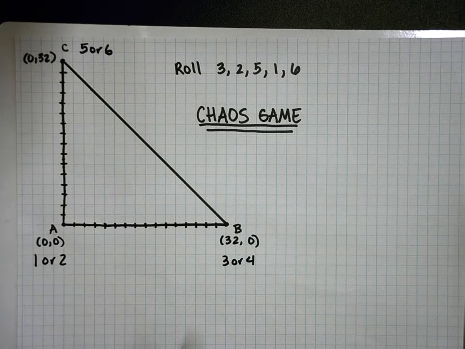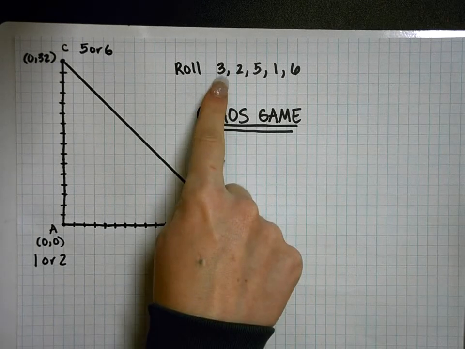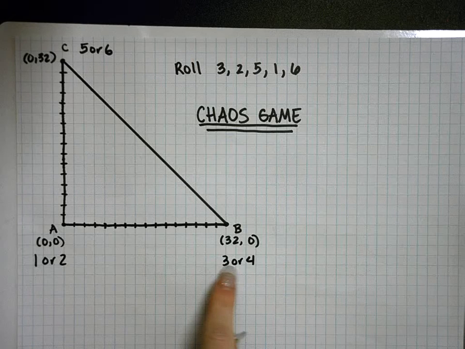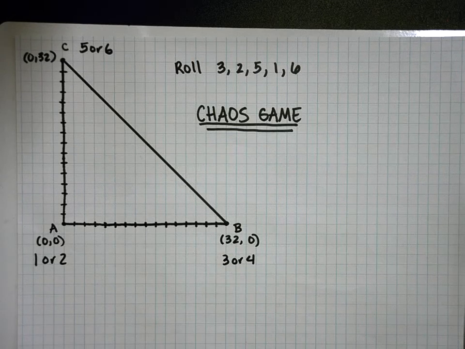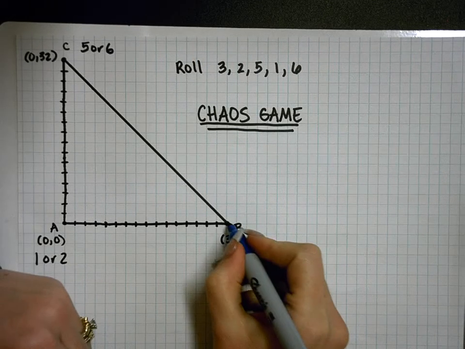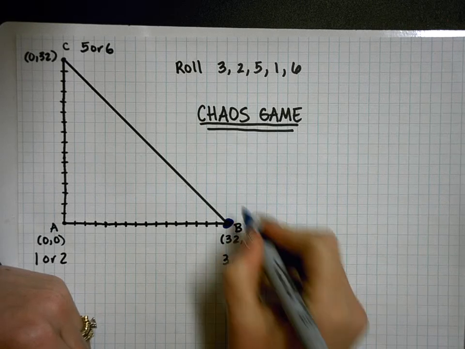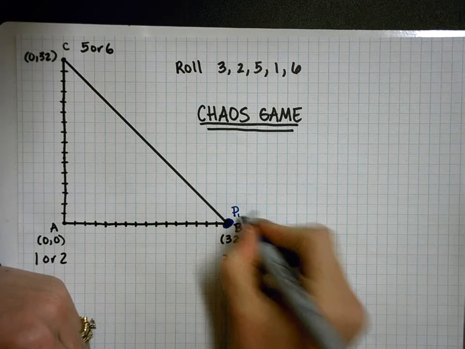So with the chaos game, the first roll is always plotted directly on the point to which it corresponds. A roll of 3 corresponds with rolling a 3 or 4, which is vertex B. So I'm going to put a point directly on vertex B, and I'm going to call that P1 for point 1.